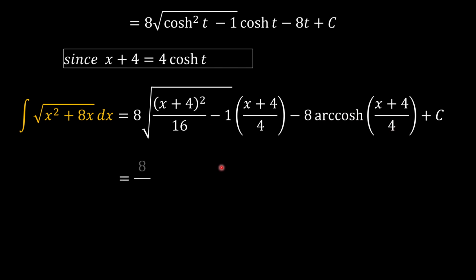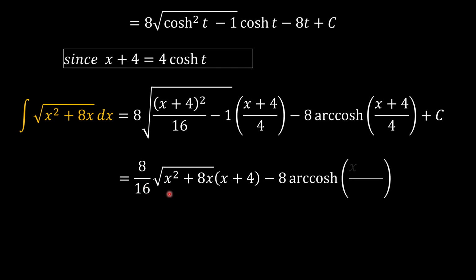We can simplify this further, and pulling the 16 out, we have 8 over 16 times the square root of x squared plus 8x plus 16 minus 16, so we have the square root of x squared plus 8x.